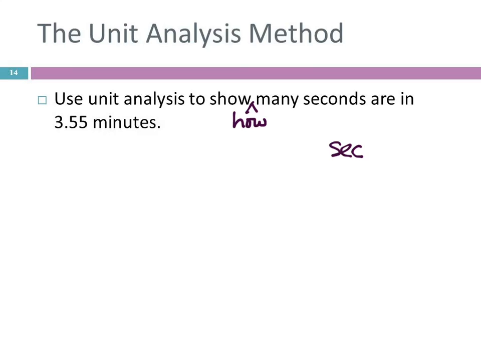And what do they give us? 3.55 minutes. Do we know a relationship between minutes and seconds? Yes, we do. So that tells us we can go directly from minutes to seconds. So this is like a path that tells us where to go.